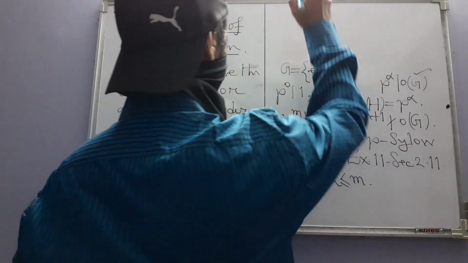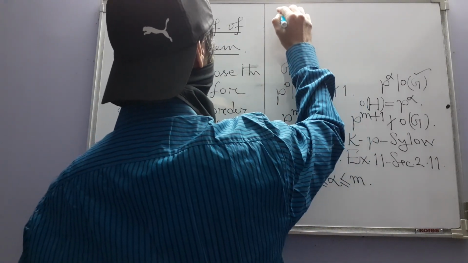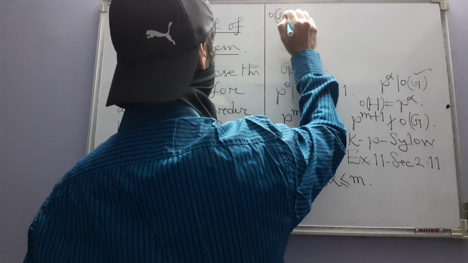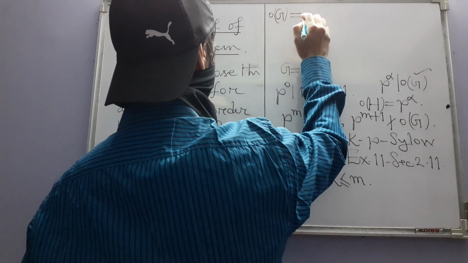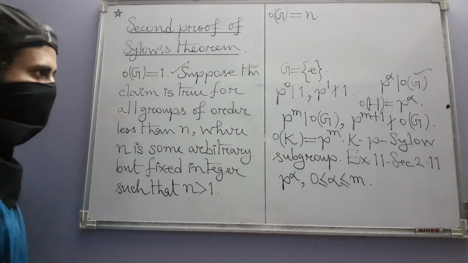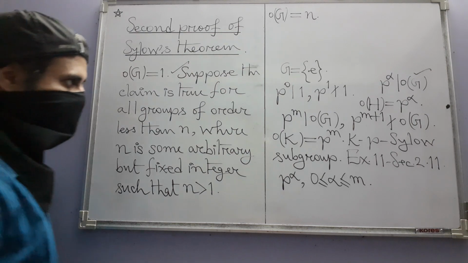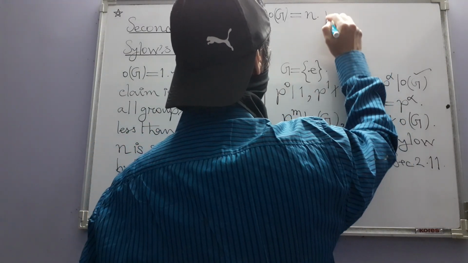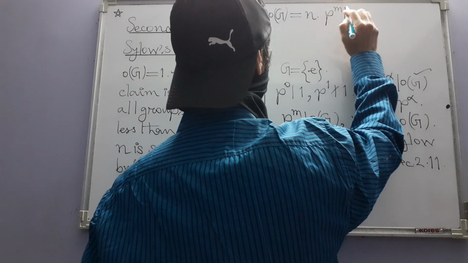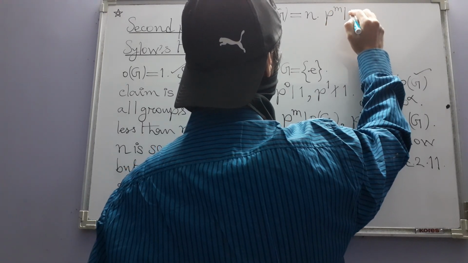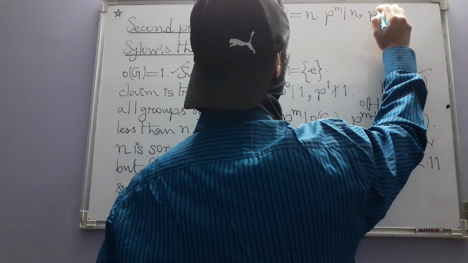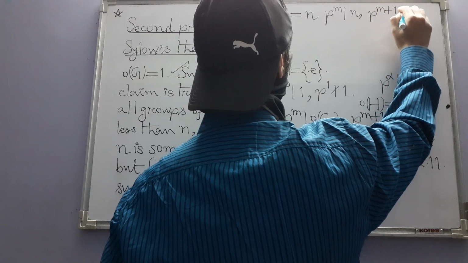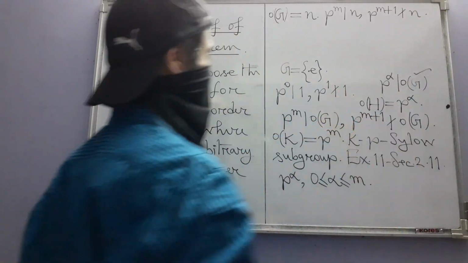And now say G is a group whose order is n, and let p to the power m be the largest power of p dividing this order.